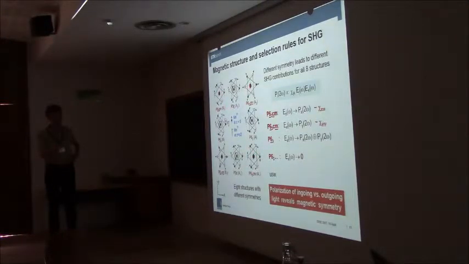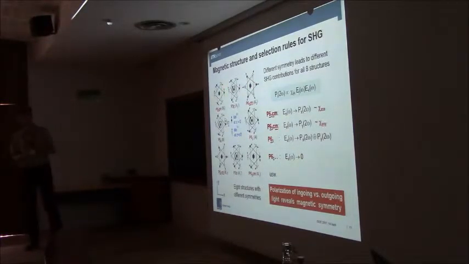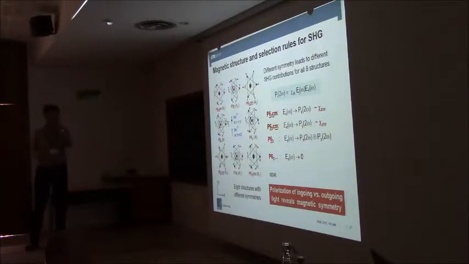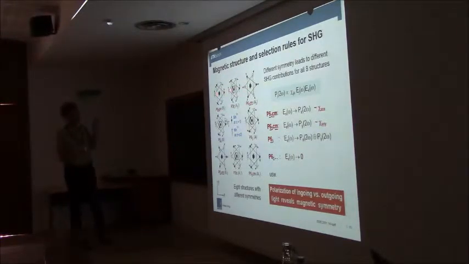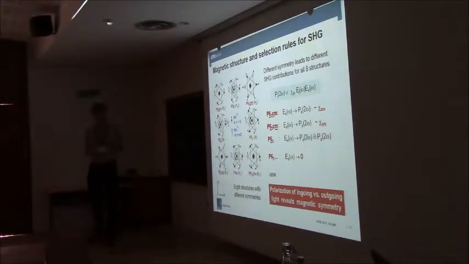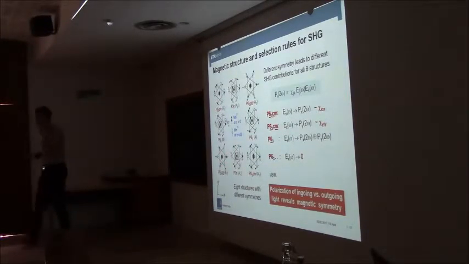Parallel, anti-parallel. Okay, that's one choice. Then the spins can point along the x-axis or the y-axis. So here they are pointing along y, here they are pointing along x. So you have the xy choice and the parallel anti-parallel choice. 4 different structures already. And then you have the structures transferring from here to there or there to there and so on. So I told you have 8 magnetic structures and they all have a different symmetry.